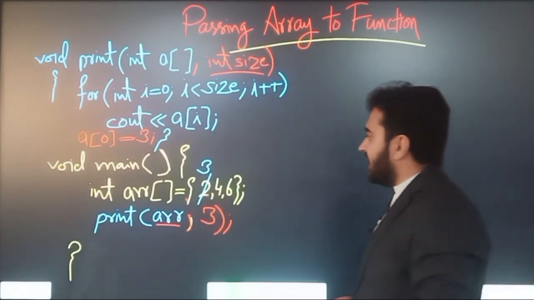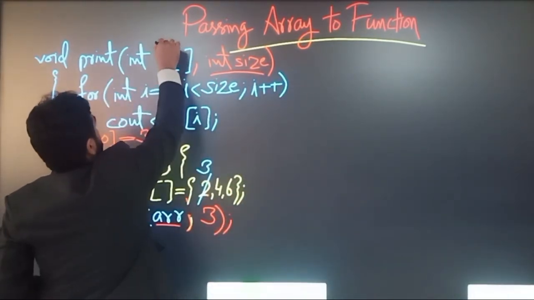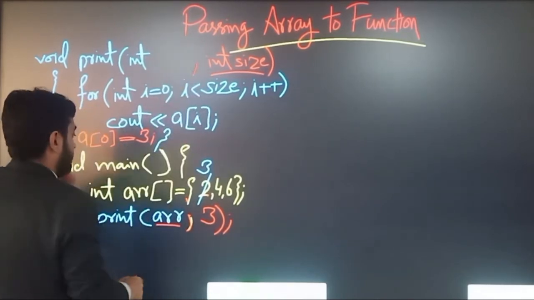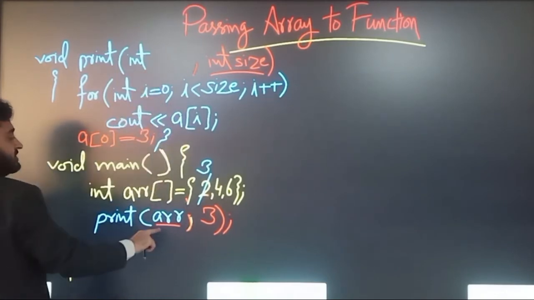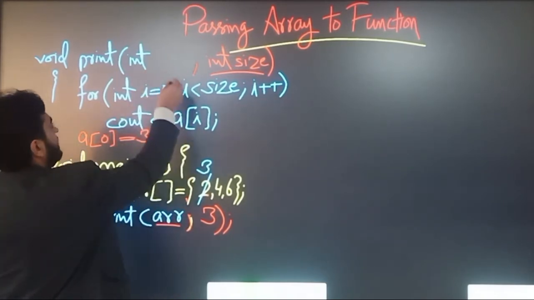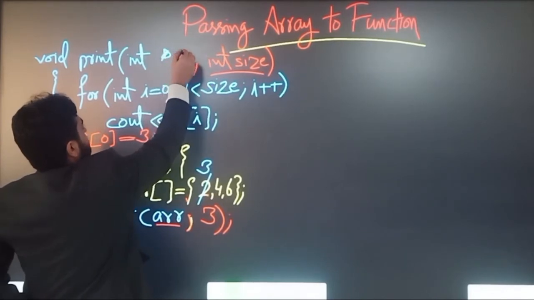Okay, so this can also be controlled using a pointer variable here, because we are passing the address. So the address can also be saved in a pointer, for example, pointer a.